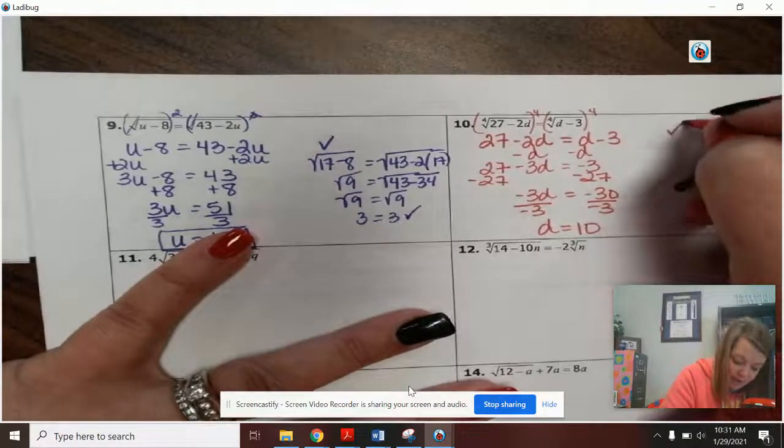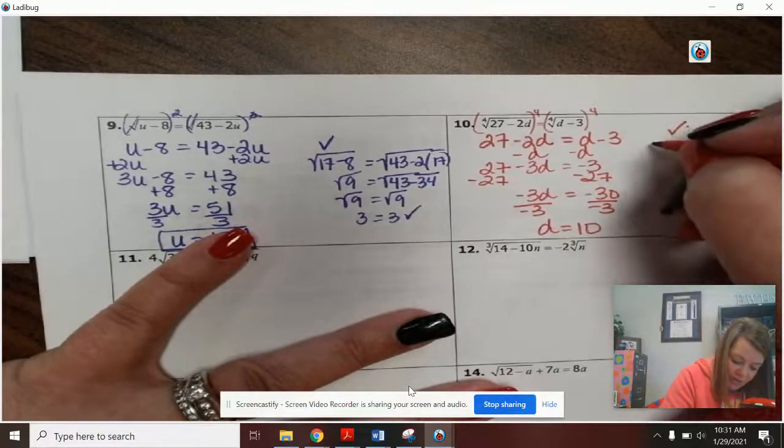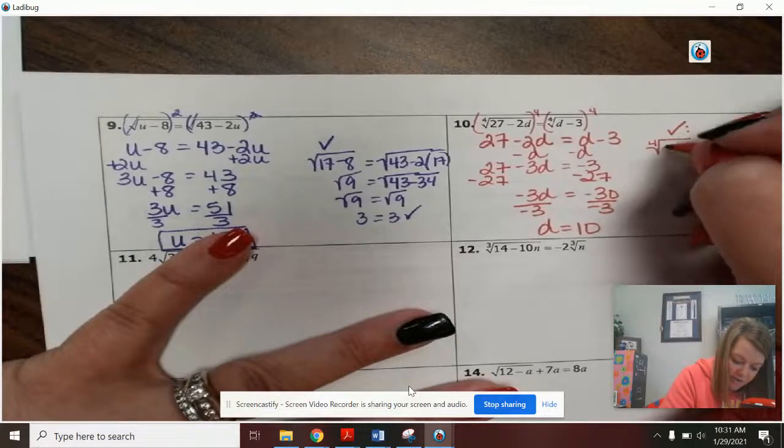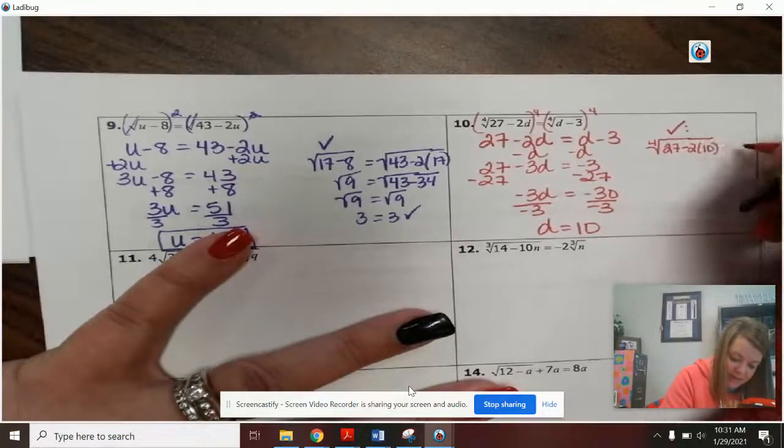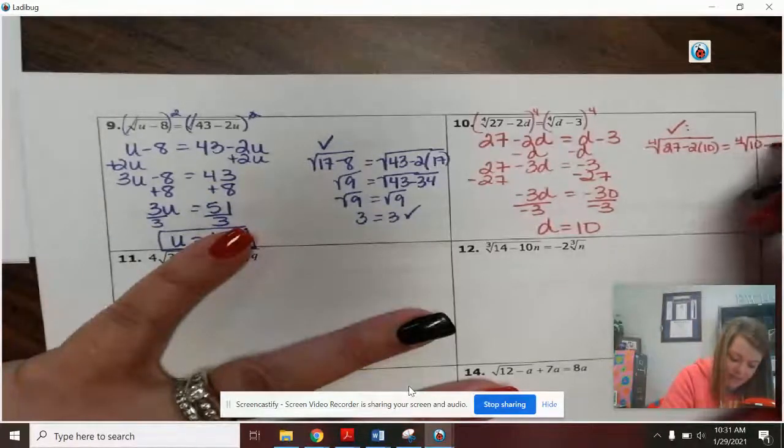So let's check it real quick. So the fourth root of 27 minus 2 times 10, does that equal the fourth root of 10 minus 3?